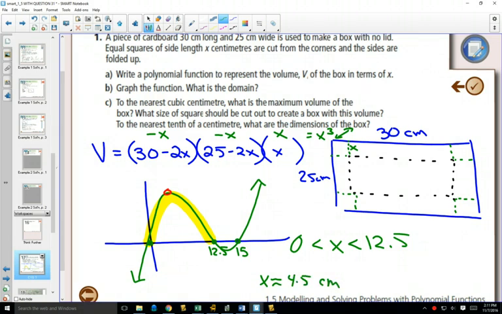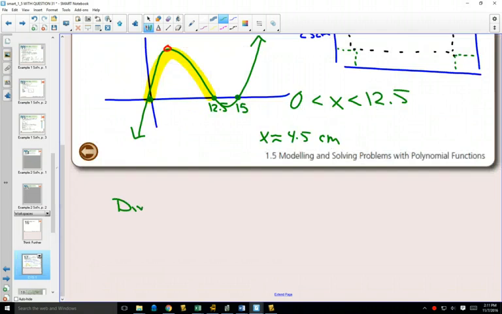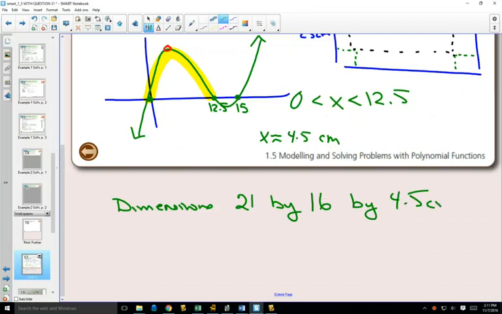And then you could calculate everything else as far as the dimensions are from that. So our dimensions would be 21, because that would be 30 minus 2 times 4.5, by 25 minus 9, 16, by 4.5. These are all centimeters.